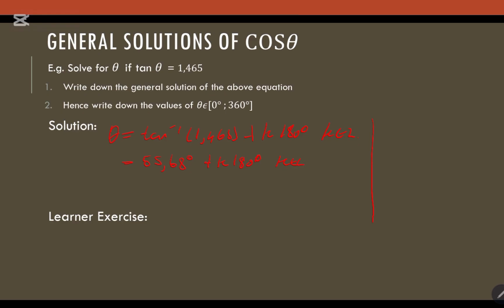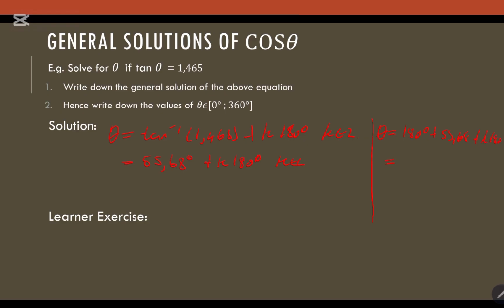Now if you want to also consider the quadrant, you can simply look at the value there. Tangent is positive in the first quadrant. This will give you the first quadrant angles, and therefore the angles in the third quadrant will be theta equals 180 degrees plus 55.68 plus k times 180.